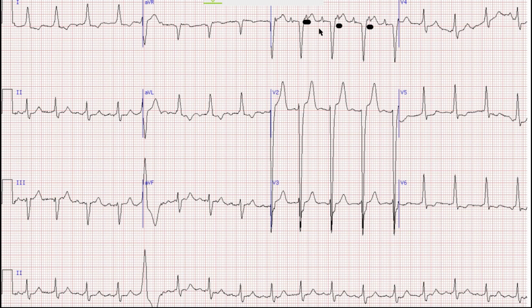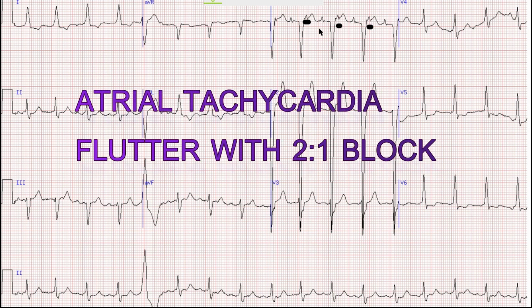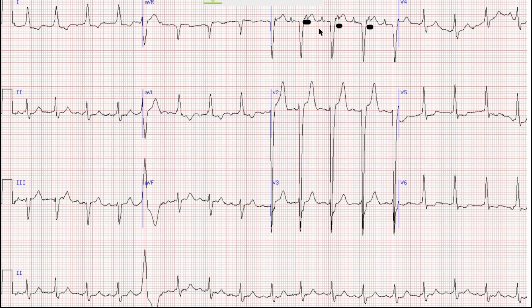So here this atrial activity could be due to atrial tachycardia, or it could be due to atrial flutter with 2 into 1 AV block. The thing which is in the favor of atrial tachycardia here is that the rate of atrial activity is around 200 beats, while in case of atrial flutter, the atrial activity is around 240 to 350 beats per minute.